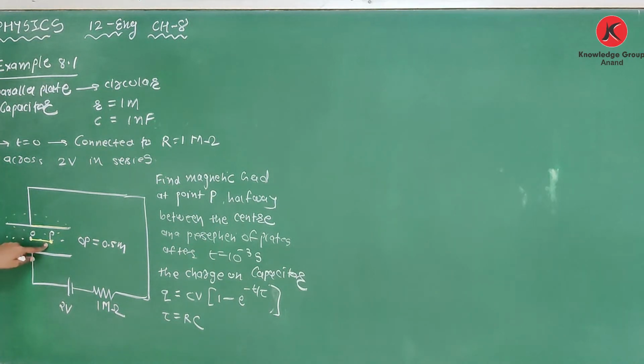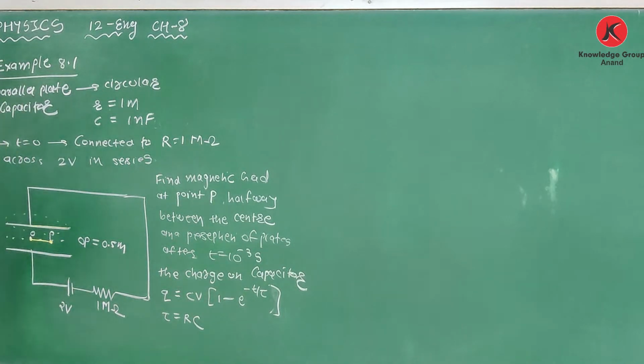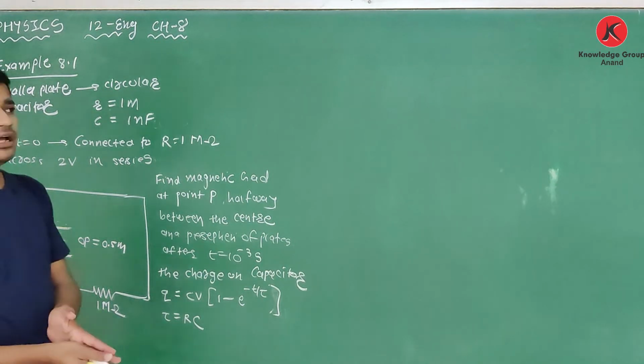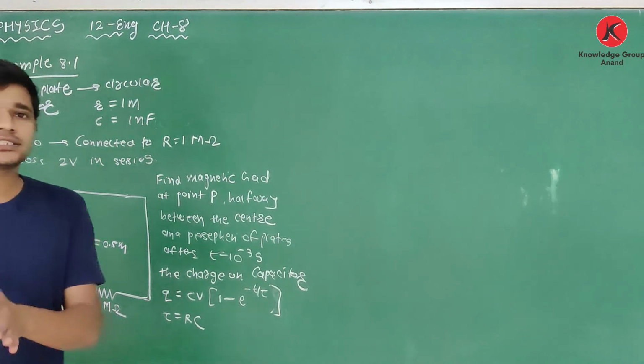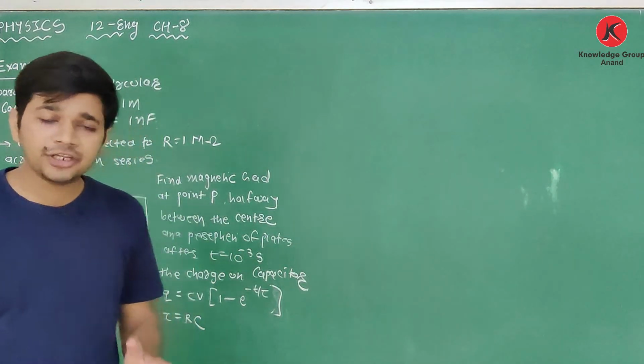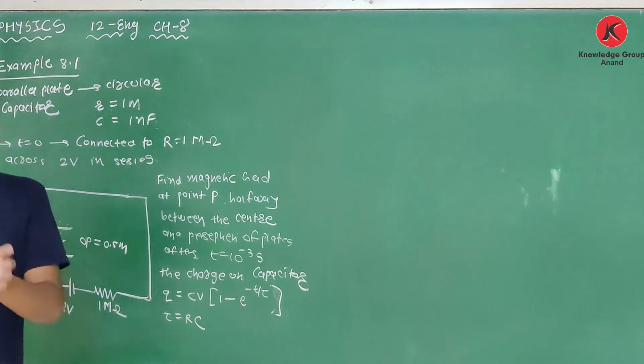This point P is between two plates of the capacitor. So, how to find the magnetic field at this point? We have to use Maxwell-Ampere's law, that is integration B dot dl is equal to mu 0 times (IC plus ID).